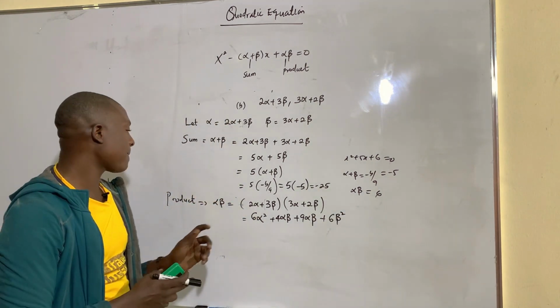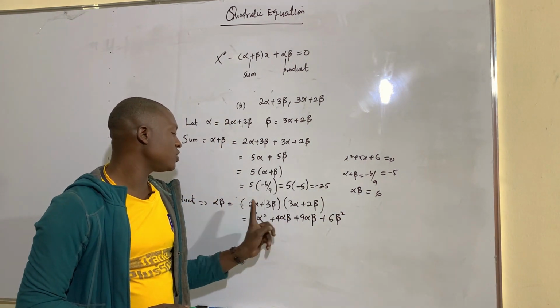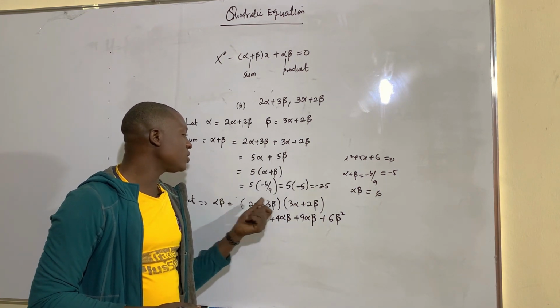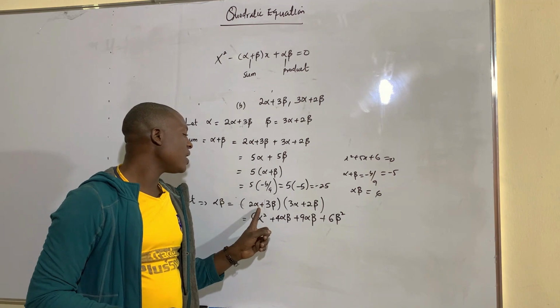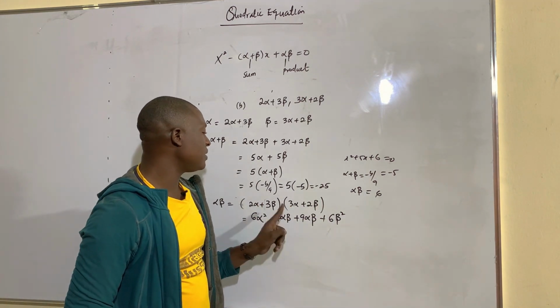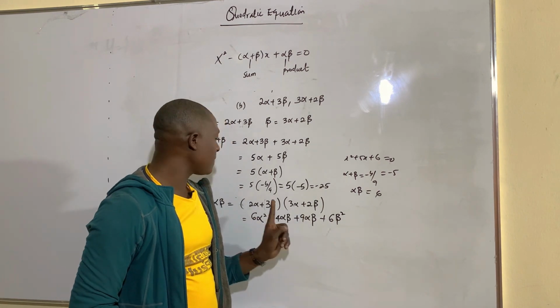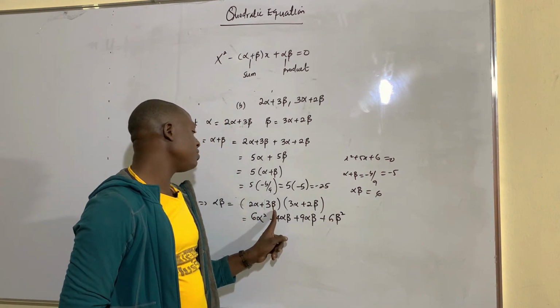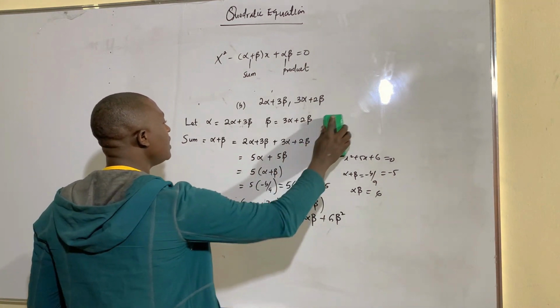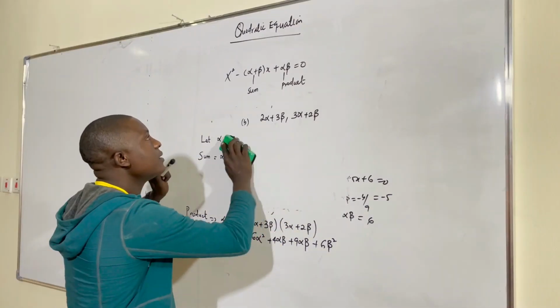Just a simple expansion: first times first, 2 alpha times 3 alpha, we have 6 alpha squared. 2 times 2, we have 4 alpha beta. 3 times 3, we have 9 alpha beta. 3 times 2, we have 6 beta squared. So now from here, let me make use of this place.